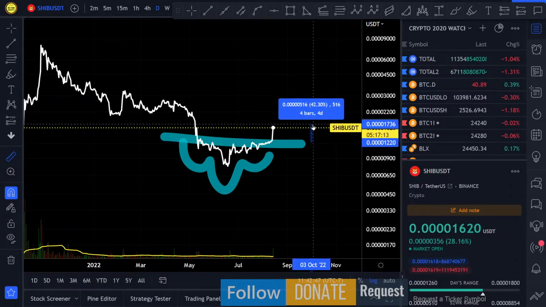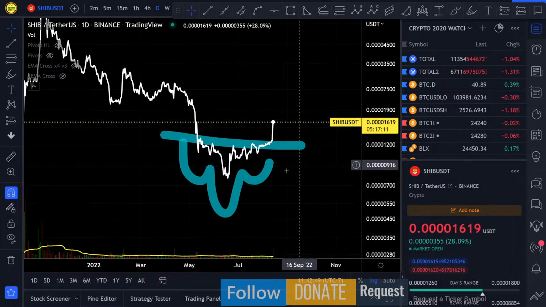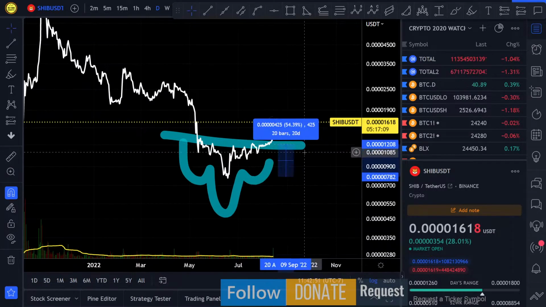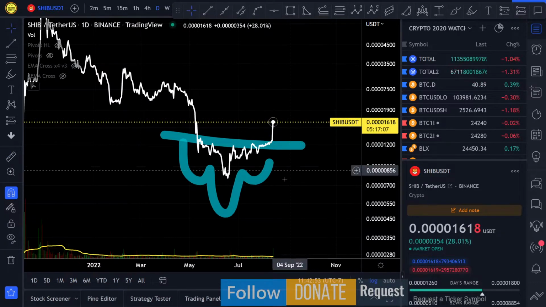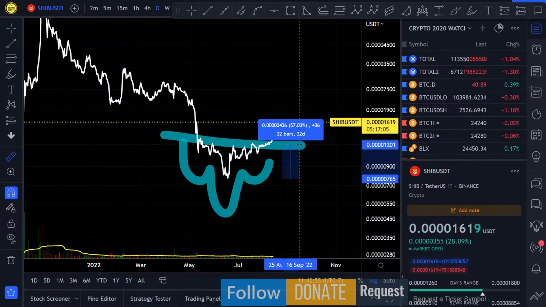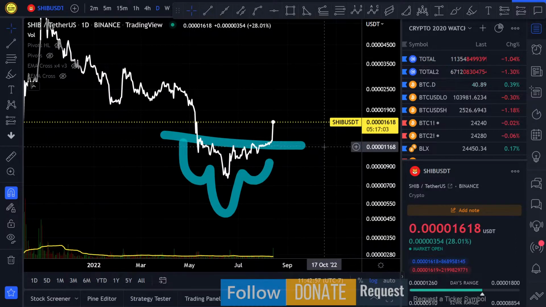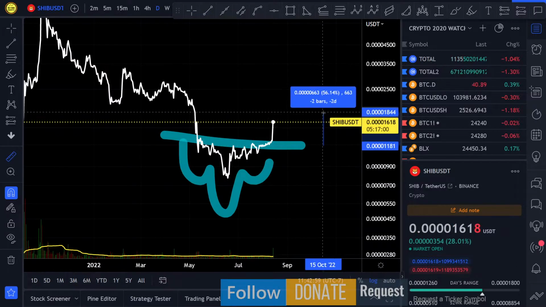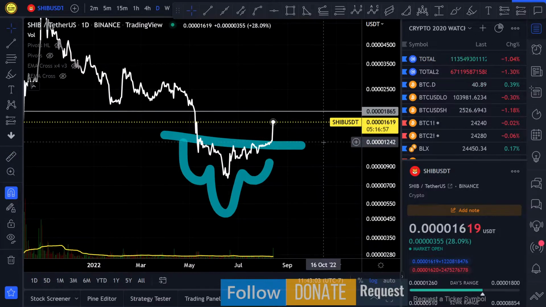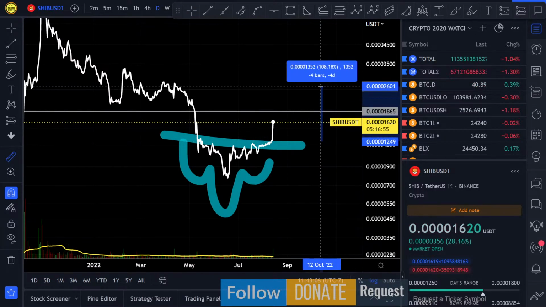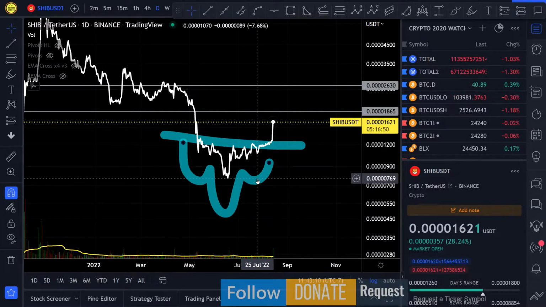It's already up 1 times the target, 40%, 50%, almost 50%. Let's get some accuracy here. 57% from the breakout. If this goes 57% from the breakout, that's 186.5. Let's say if this thing goes 100% or 110%, that's 2630.